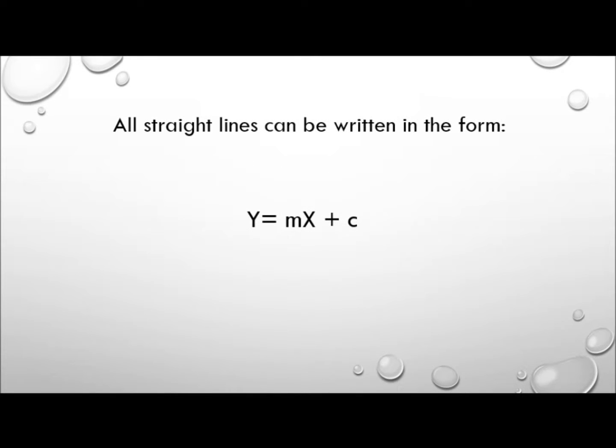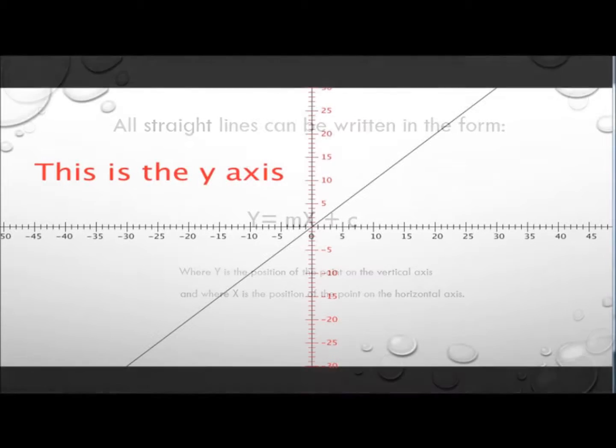Algebraically, we can write an equation for any straight line graph in the form y equals mx plus c, where y is the position of the point on the vertical axis, and where x is the position of the point on the horizontal axis.